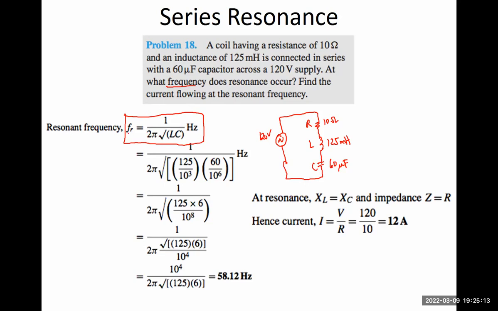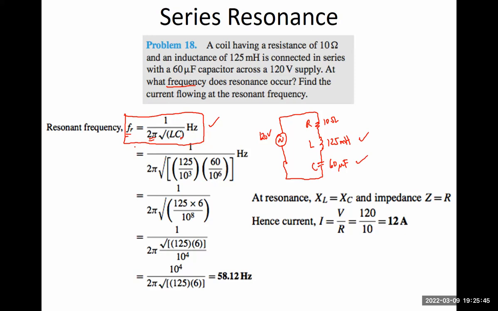So the resonant frequency, let's see our ingredients. So ito yung ating equation. So we have an L which is equal to 125 millihenry, and C or capacitance which is equal to 60 microfarad. So in this case, we could now determine the resonant frequency dahil all of our ingredients are complete.